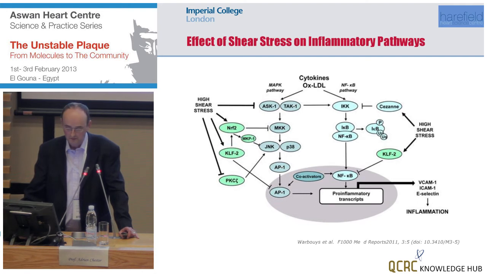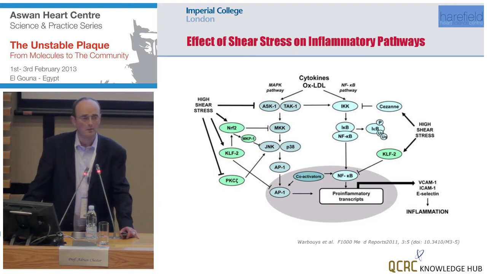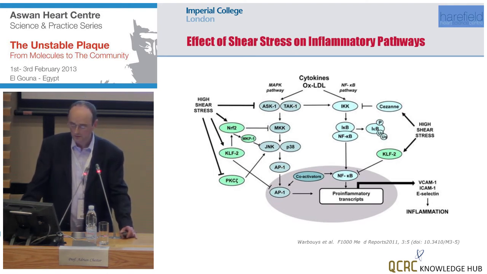And it's been shown quite nicely by a group based at the Hammersmith Hospital that shear stress, whether it be high shear stress, inhibiting directly some of these inflammatory signaling pathways, NF-kappa B or MAP kinase, or in fact stimulating inhibitory molecules onto this pathway, can end up regulating or preventing pro-inflammatory transcripts for the expression of other inflammatory molecules, such as the vascular adhesion molecules.